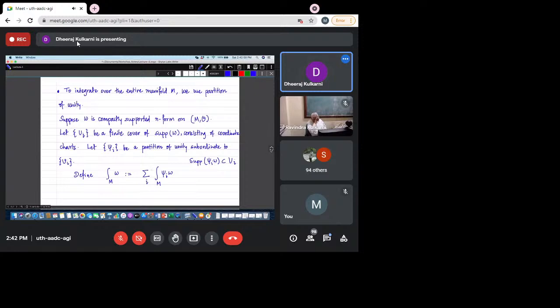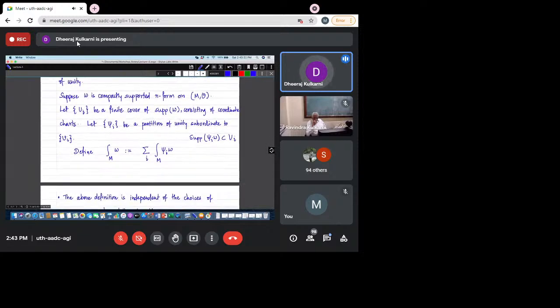Again, we are defining a notion, and the symbol suggests that we are integrating omega on M. So all the choices that we make should not change this right hand side. That is what we'll do. What are the choices that we made? We are choosing a finite cover of support of omega and also choosing a partition of unity subordinate to this cover.